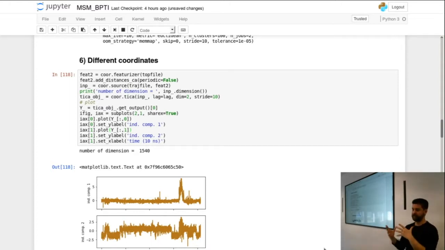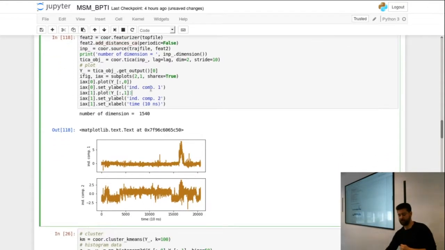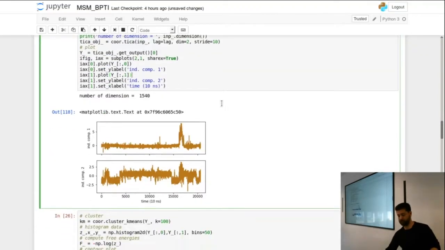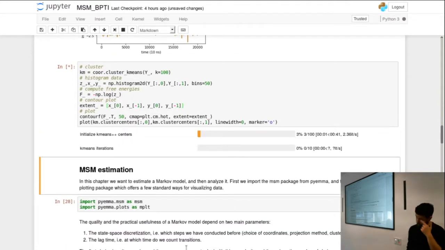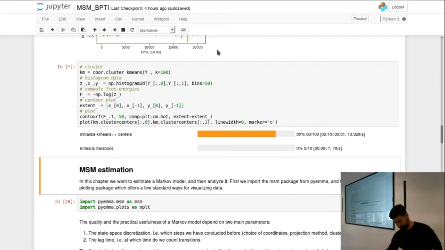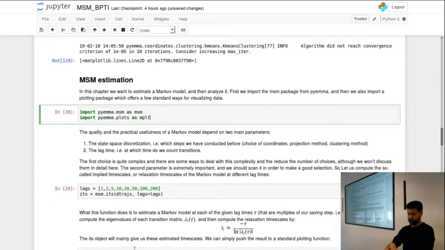So I can take the same system and go to the distance representation. Okay, see alpha distances here. And look, I get essentially the same trajectories as I would do with TICA and a very similar free energy surface. Hopefully. Now I'm going to move on to the MSM.